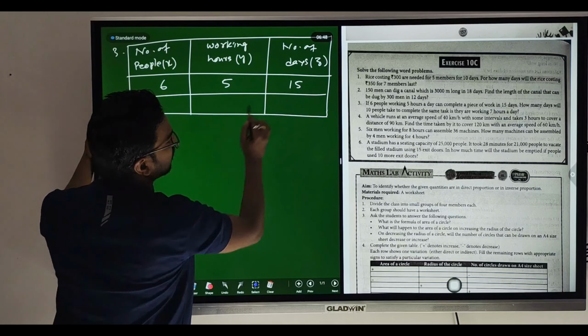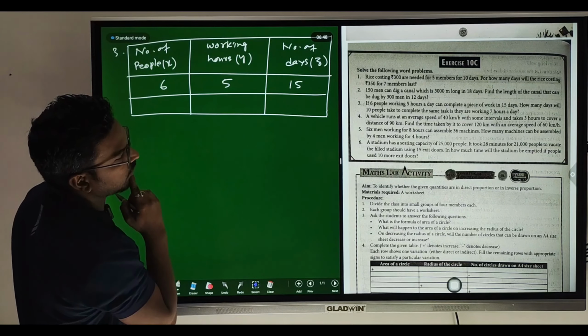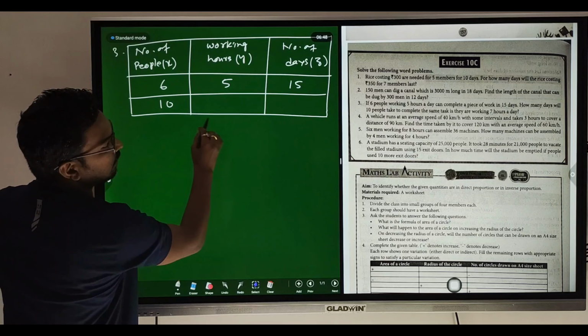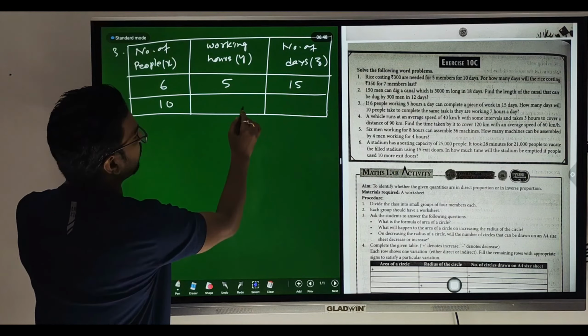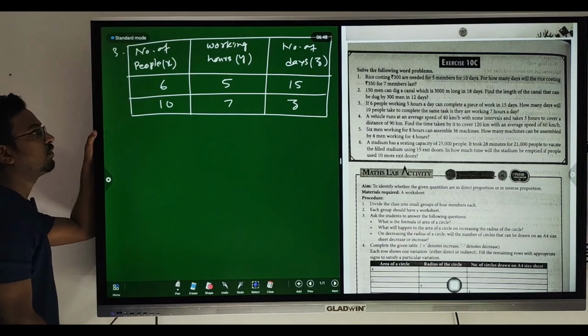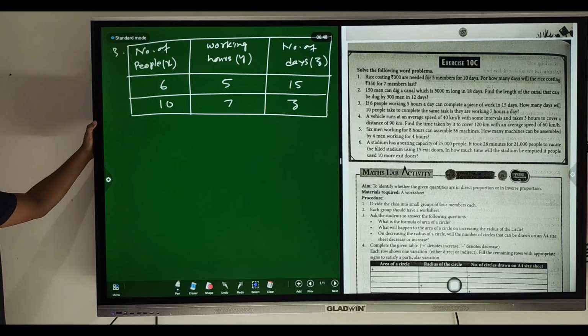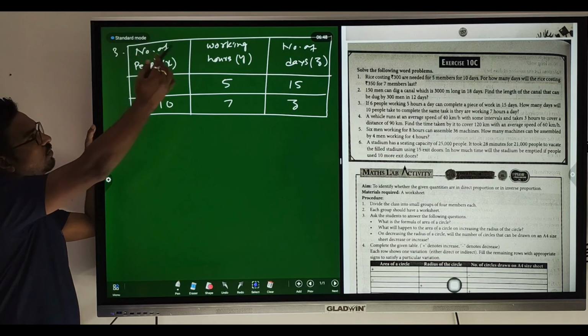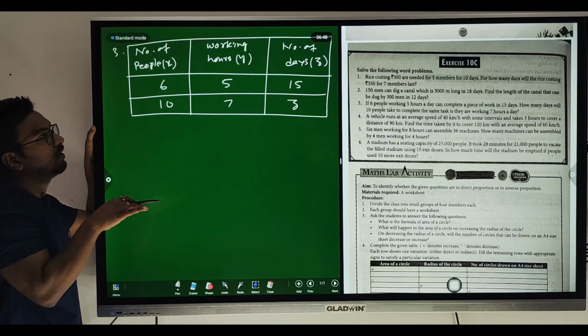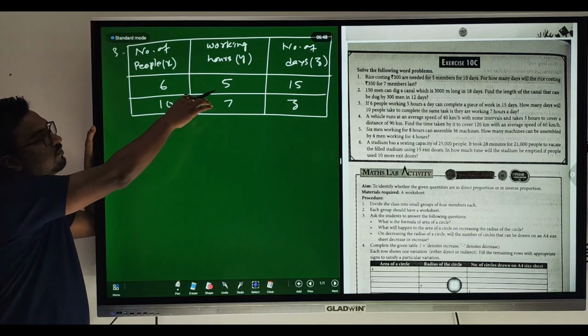It will require 15 days. Similarly, how many days will 10 people working 7 hours need? So this is z. Now here you see, if the number of people is more, then the working hours will decrease, right? They will not require that many hours, 5 hours.